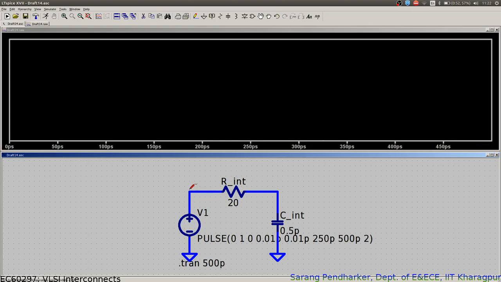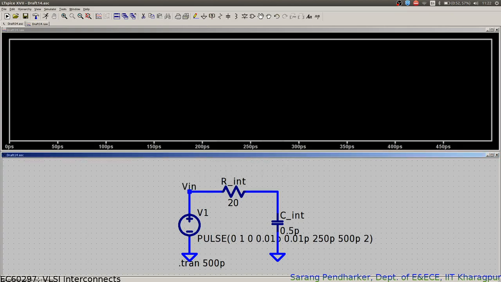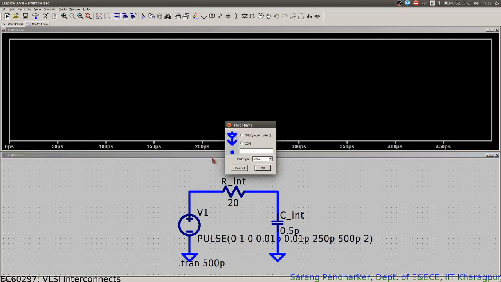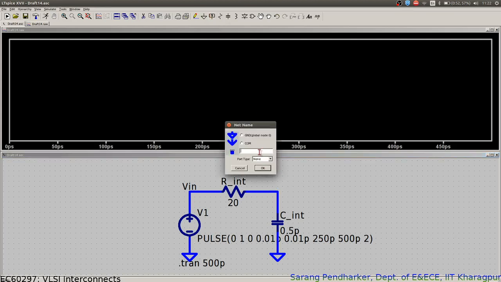Now I have to select the voltages. Before I do that, let me create some labels also, so for easy tracking. So let me create a V in, and let me place it here, and then let me create another label.